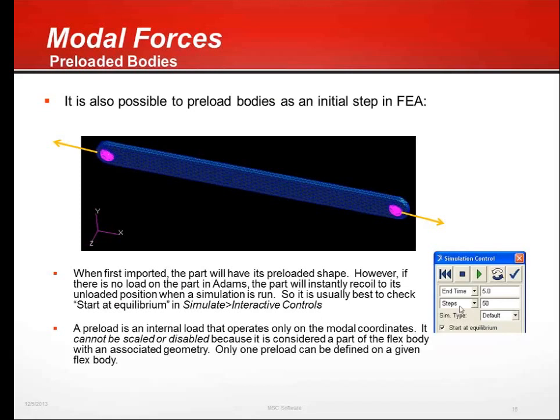But it can be done. The only thing to keep in mind is you cannot scale a preload. If this thing's preloaded, the preload is what it is. You can't scale it up or down inside of Adams. The other thing is it will actually try to recoil if you bring it into Adams because it's preloaded. But sometimes that can be of use.